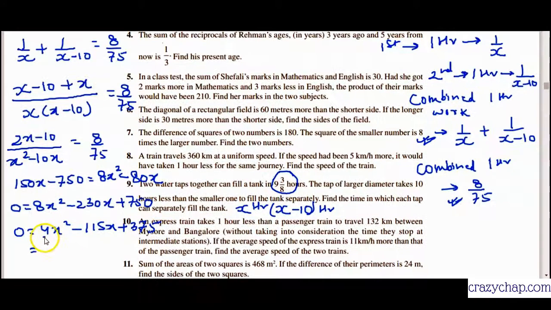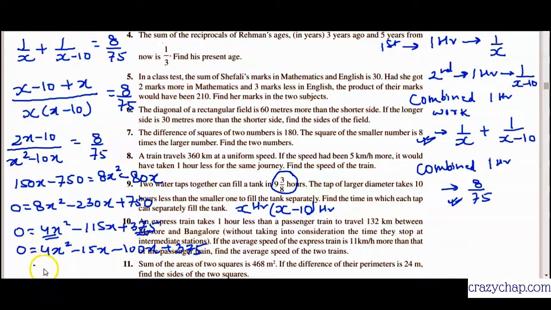First of all, we multiply 4 with 375. So 4 times 375 would be 1500 x square, okay, and 1500 would be 15 and 100. So the splits are 100x and 15x. So 4x square minus 15x minus 100x plus 375 equal to 0, right?